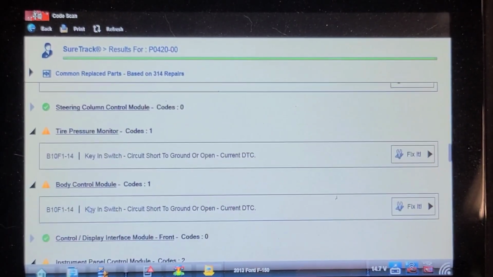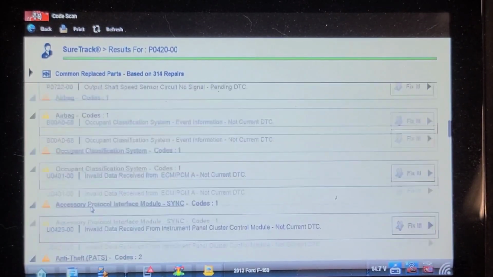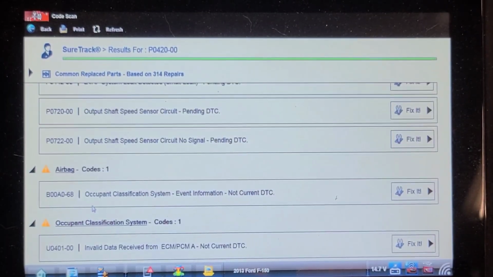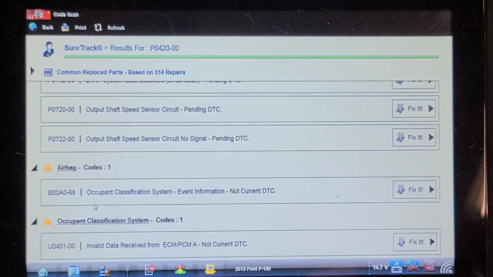All right, so the code of concern is a P0720 and 722. Output shaft speed sensor circuit pending and no signal. So let's do a little research as to where that sensor lives and do a visual inspection of the sensor.